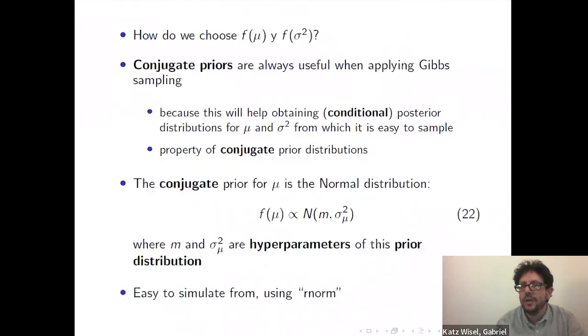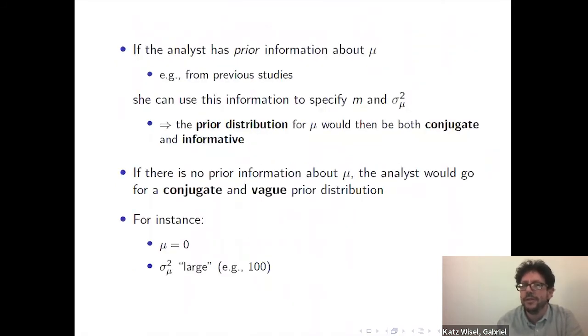So we can choose what we call conjugate priors, priors such that the posteriors are going to be of the same family of distributions as the priors. It turns out that for the mean of a normal distribution, the conjugate prior is the normal. For the variance of a normal distribution, the conjugate prior is the inverse gamma distribution.